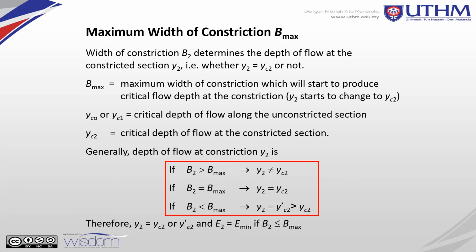Broad-crested weir uses the H minimum, but for the constrictions we use the B maximum. So just look at this equation. You just remember this equation using the condition of B2 more than B max, B2 equal to B max, B2 less than B max.